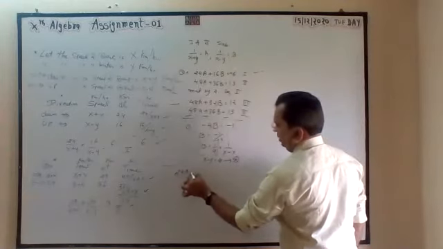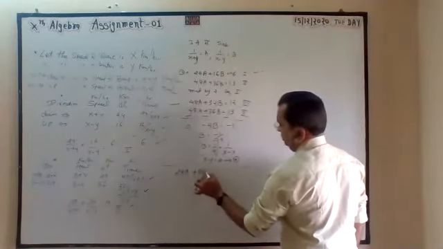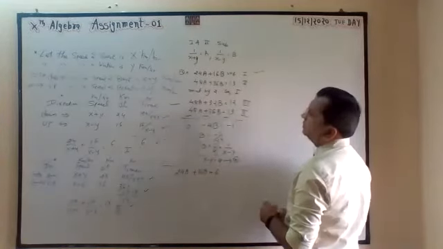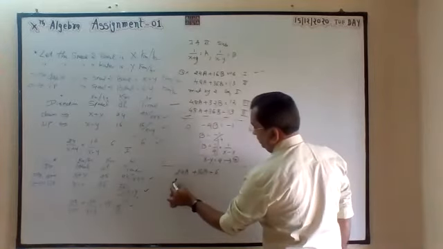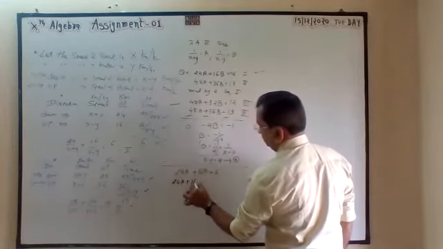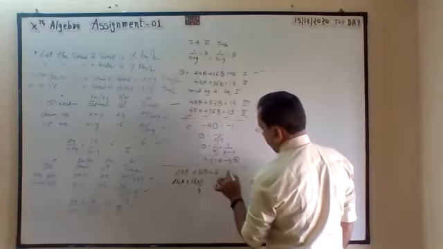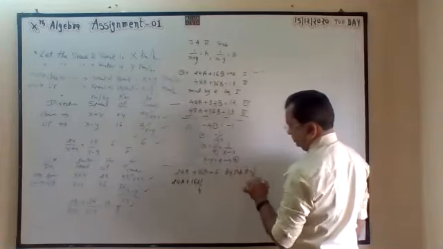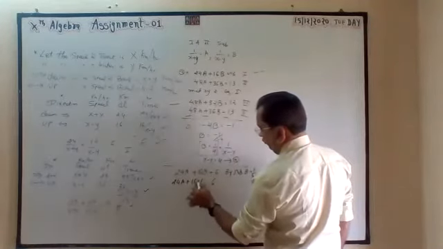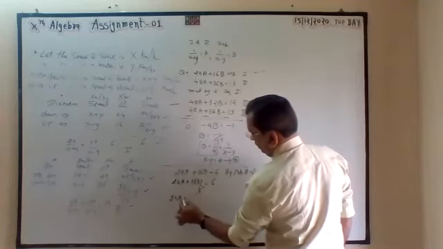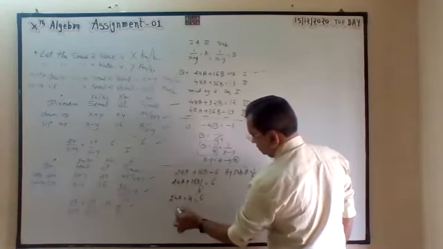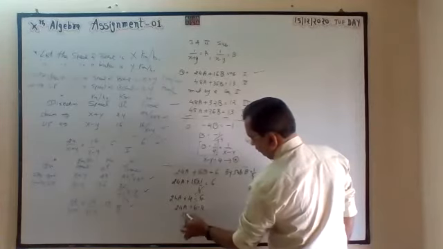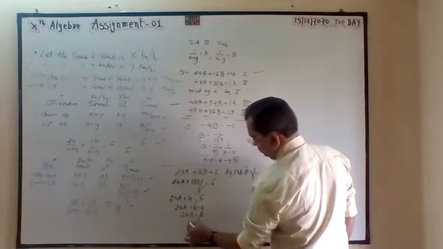Simple one, 24A plus 16B is 6. 24A plus 16 into 1 by 4 by substituting, 4 4s are 16, so 24A plus 4 is equal to 6. 24A is equal to 6 minus 4, 2.